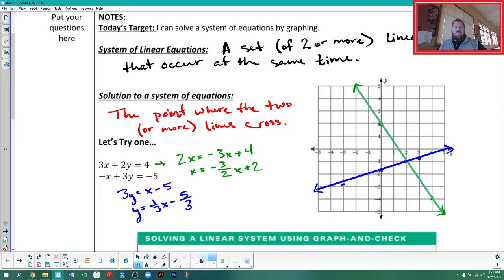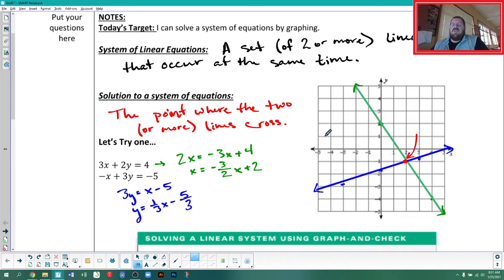Let me switch colors on that actually. So this point right here really looks like it. And when graphing, I'm expecting an estimation. There are so many minor little fluctuations that could happen. I'm going to assume today that any lines that cross do so at true grid points, because overall it still is an estimation.